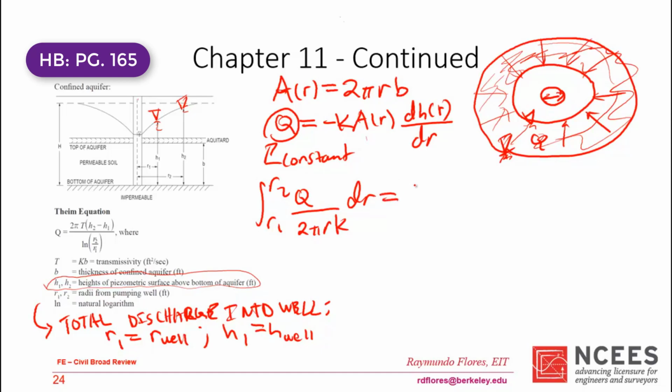That's going to be minus this, and it's B, right? B dH over R. See, this is the difference, because remember, this is all confined.